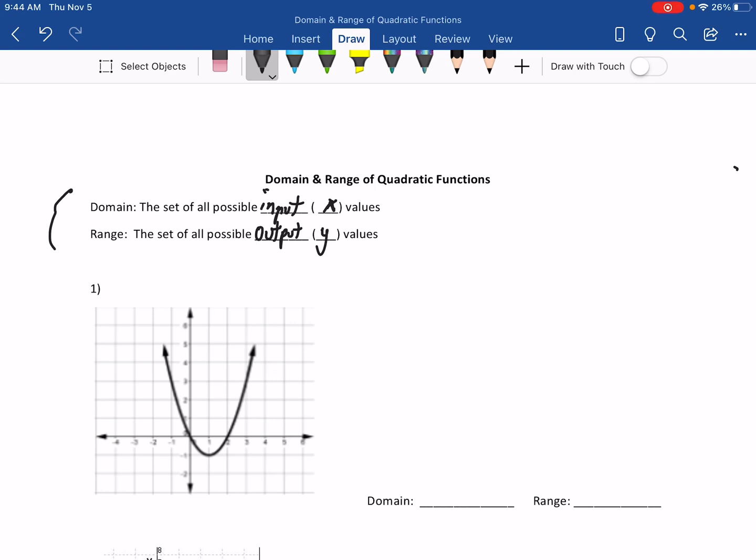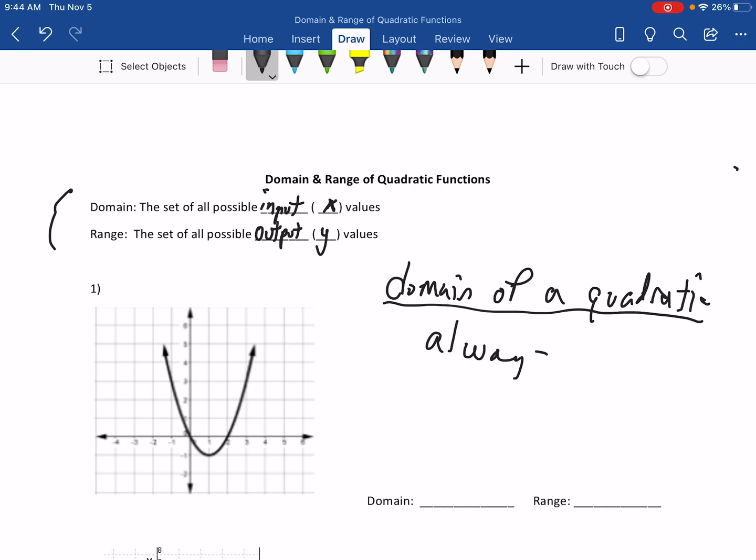Okay, so for a quadratic function, the domain is always all real numbers. Here's why. If I take a quadratic function, let's say y equals x squared minus 4, I can choose any domain value, any x value.